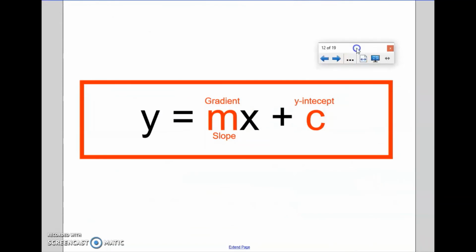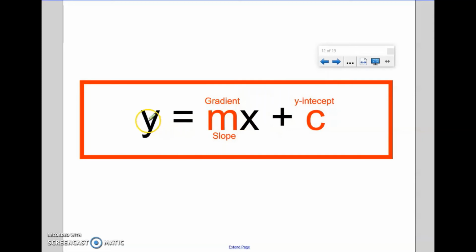Okay, so what you may have noticed from all the examples in the video so far and the 6 questions you've attempted, each linear graph always takes this form. It's y equals something x plus or minus something. Okay, so I've just highlighted what those values would be.